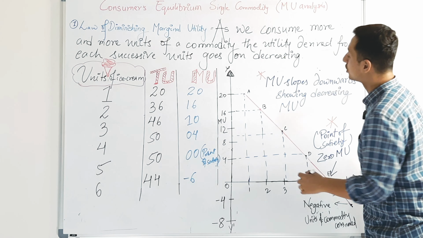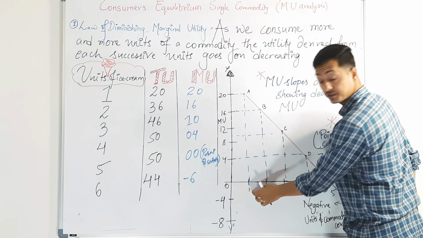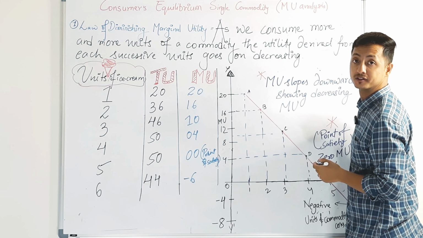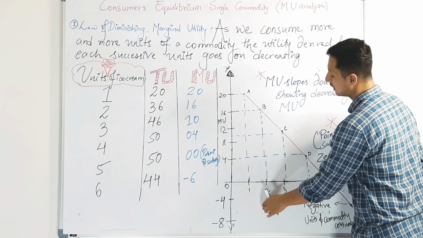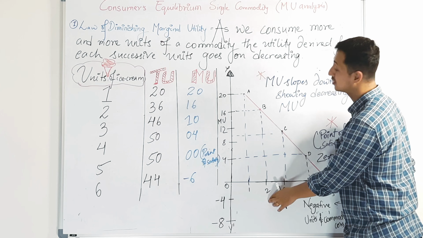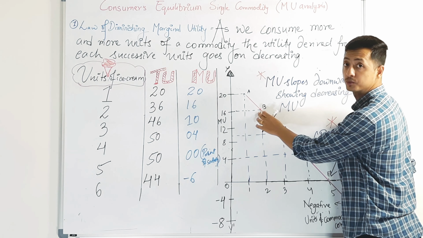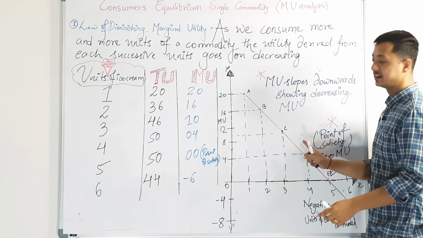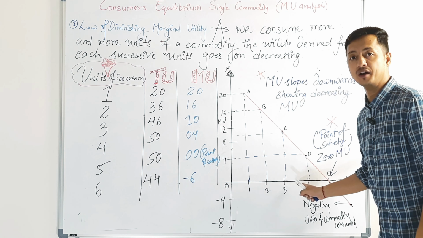When we have the first ice cream, we are getting a utility worth 20 rupees. Then if we continue to have a second ice cream, our utility decreases to 16 and so forth. Whatever is there in the schedule is depicted in this graph.